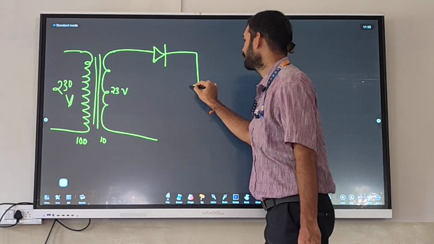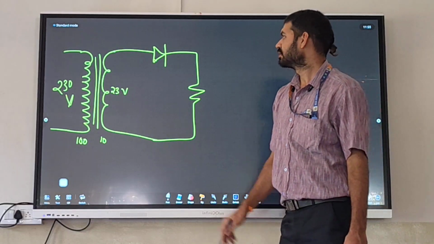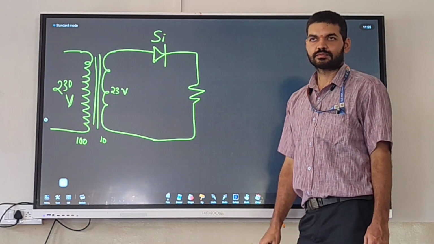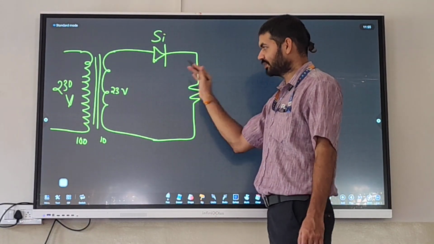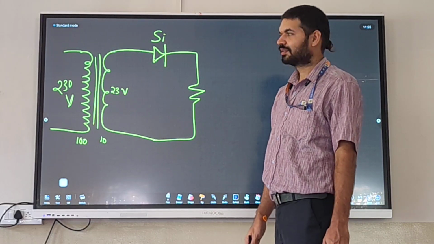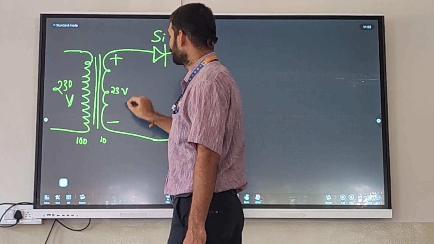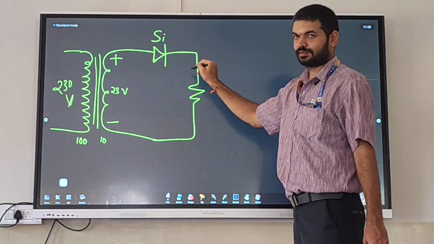I am drawing a half wave rectifier. So this is a silicon diode. I think you know the working of this. In the positive half, the diode will be forward biased.